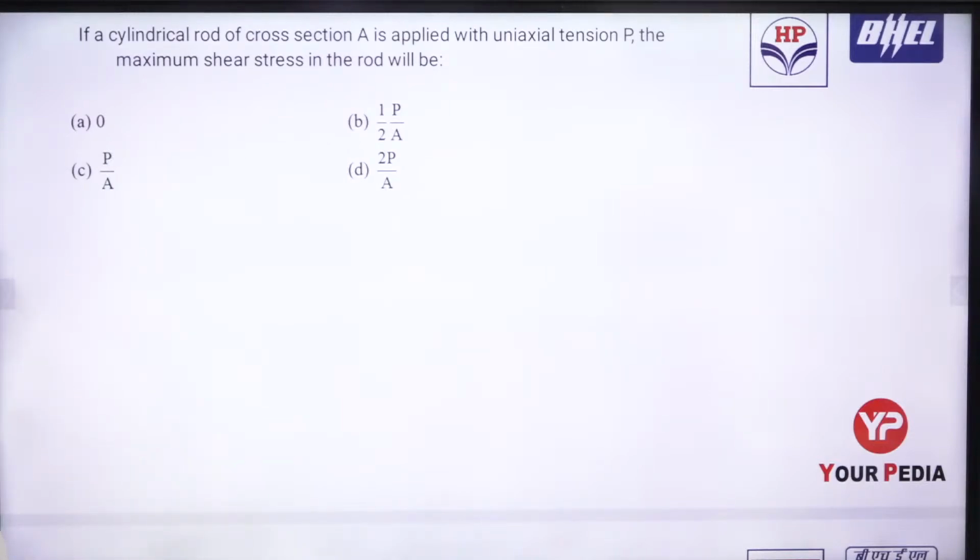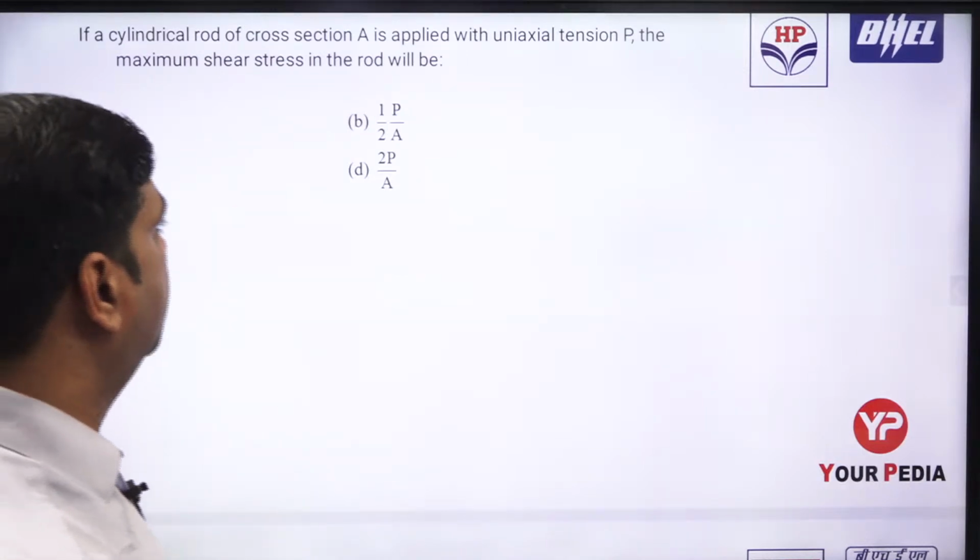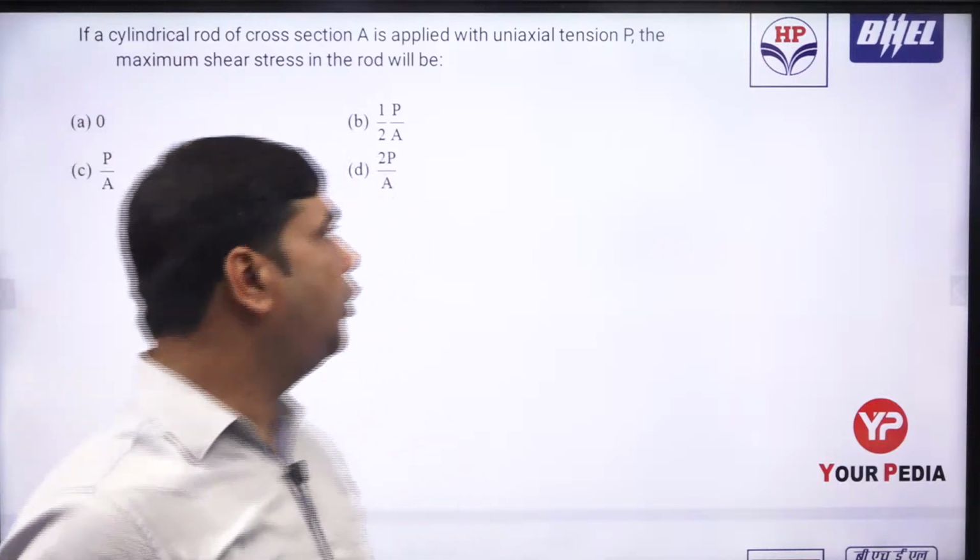Let's solve this one. Okay, I'm going to solve the numerical now.